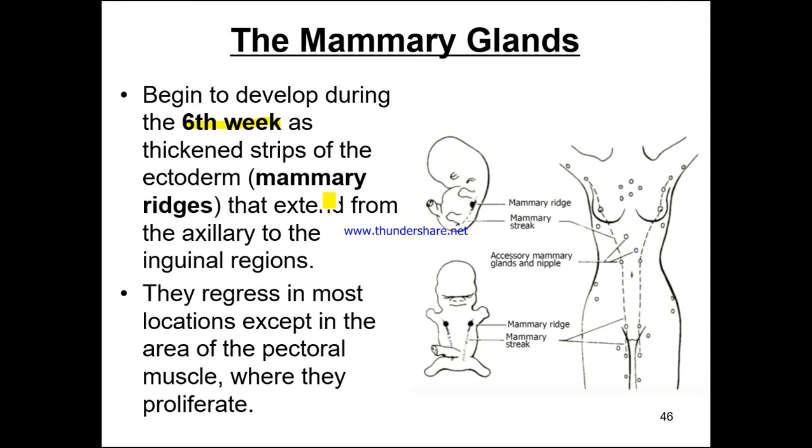So the mammary glands begin to develop during the 6th week as thickened strips of the ectoderm, mammary ridges, that extend from the axillary into the inguinal region. They regress in most locations except in the area of the pectoral muscle where they proliferate.